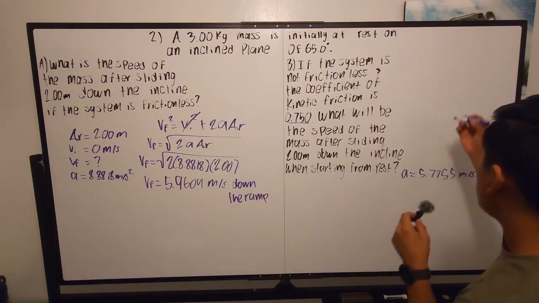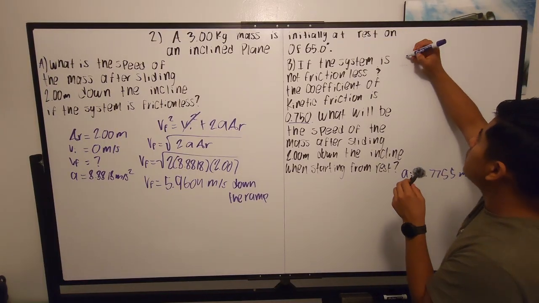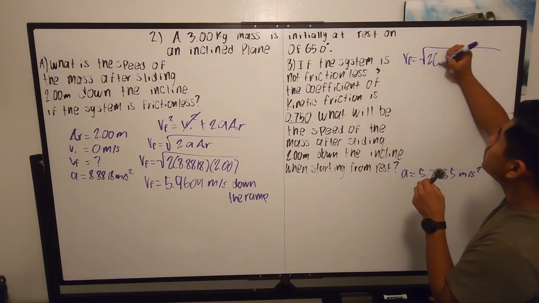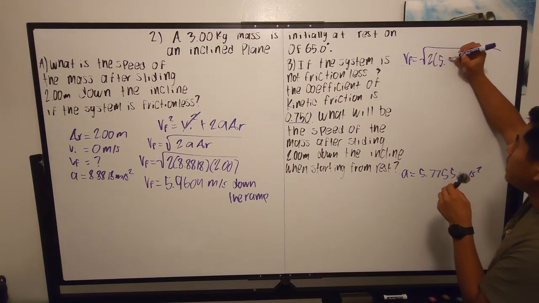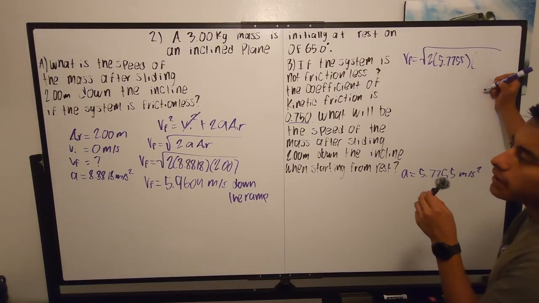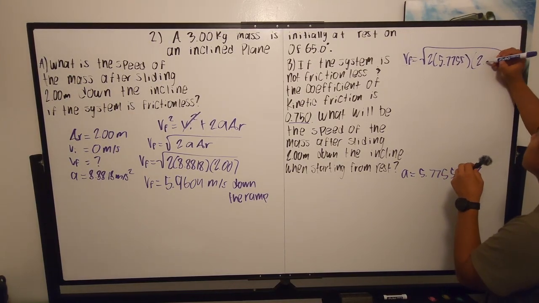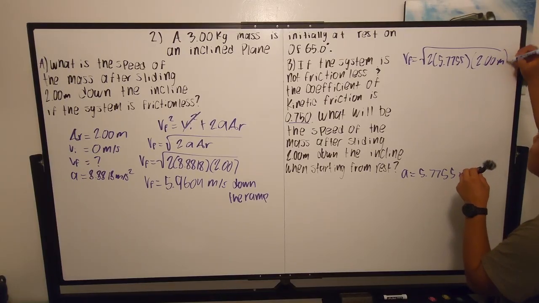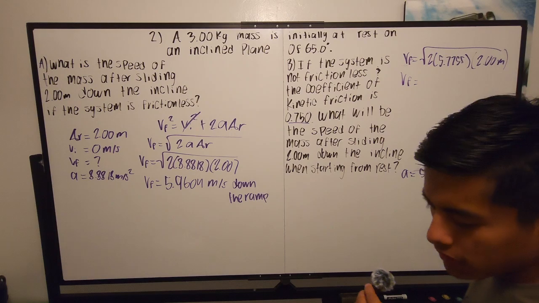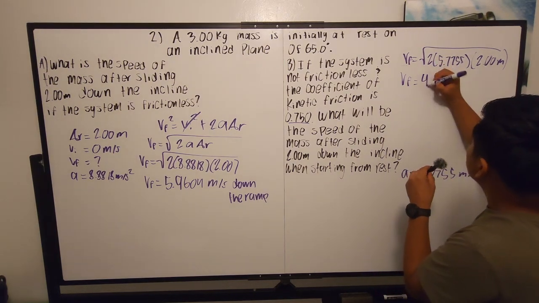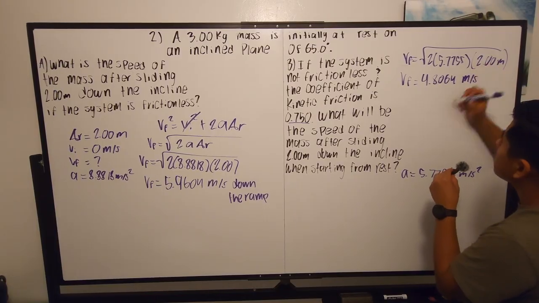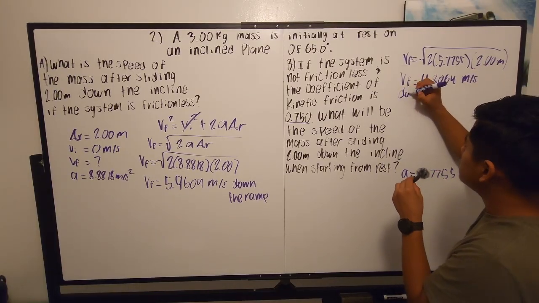I'm going to pull it and use it over here. So I just plug in all my values. So velocity final is going to be equal to the square root of 2, the only thing that's going to change is my acceleration, multiplied by delta r, which is 2 meters. Plugging that into the calculator, you will get that the final velocity is 4.8064 meters per second. And again, on the exam, you want to write that this is down the ramp.